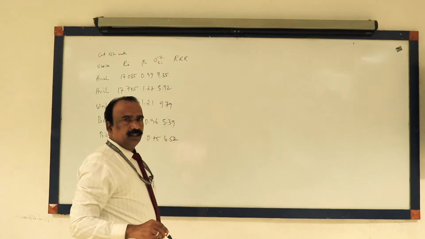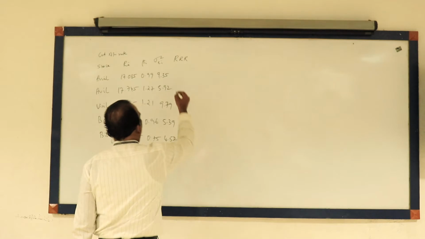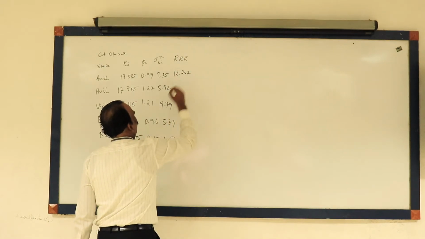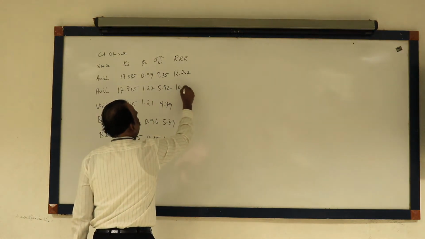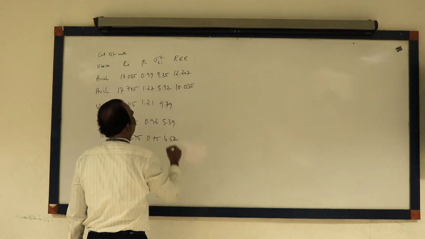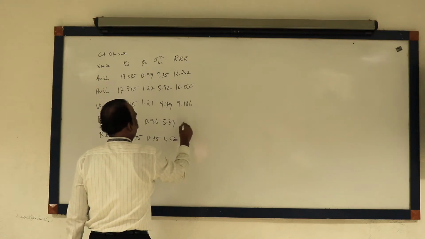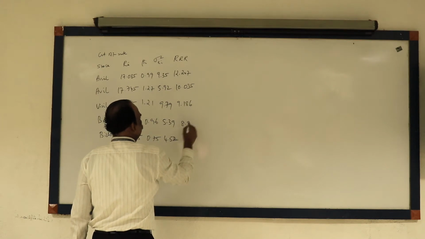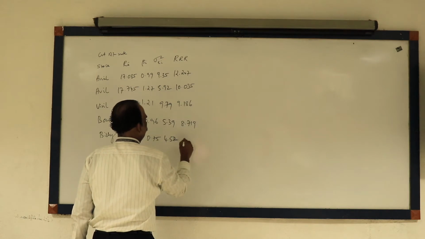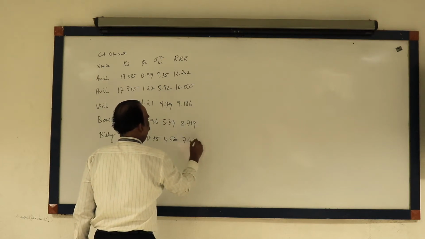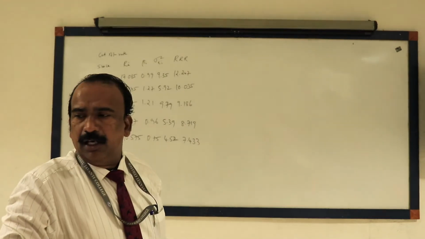Anil triple R is 12.207, then 10.035, then 9.186, then 8.719, then Billy 7.433. So this is the triple R, ranked from the highest to the lowest.